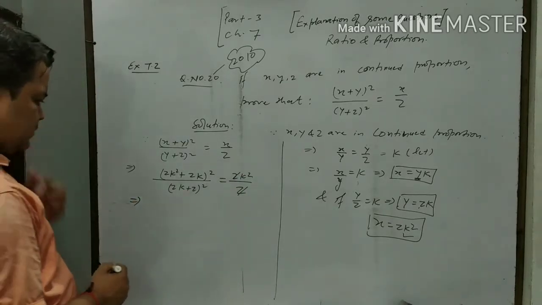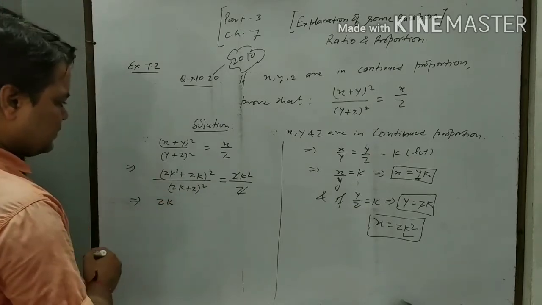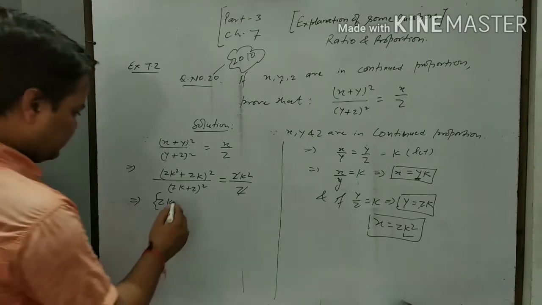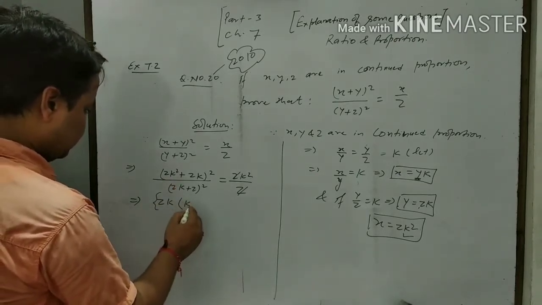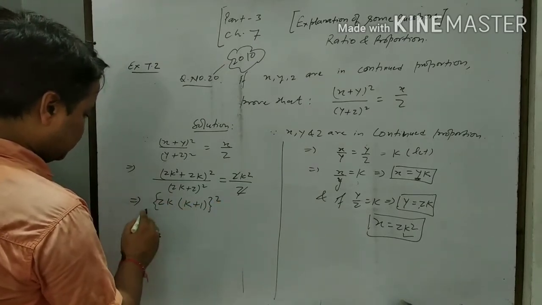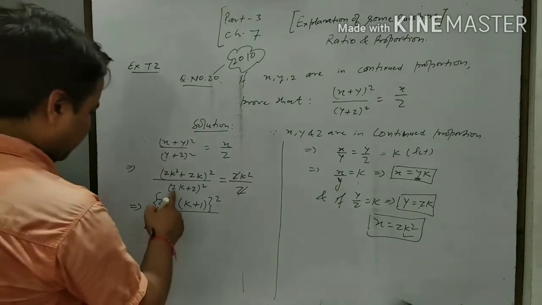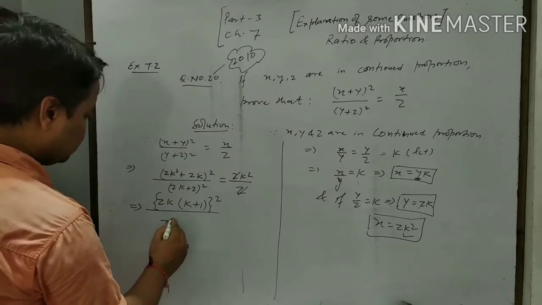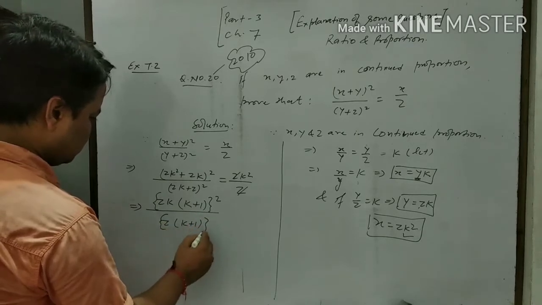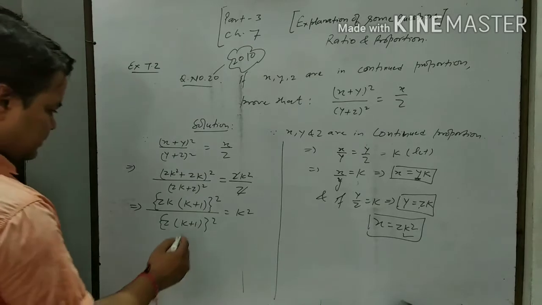What do we do here? Take zk common. If you take zk common, then here it will be k plus 1, whole square, upon, again take z common, it will be k plus 1 whole square, and here it is k square.